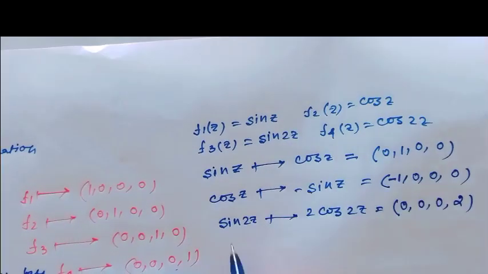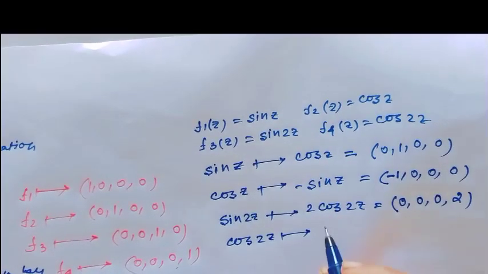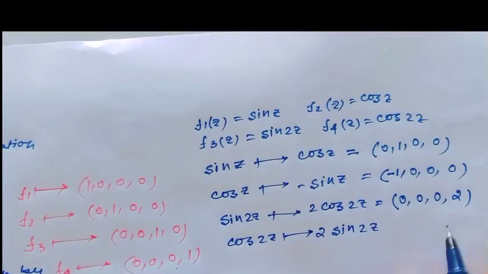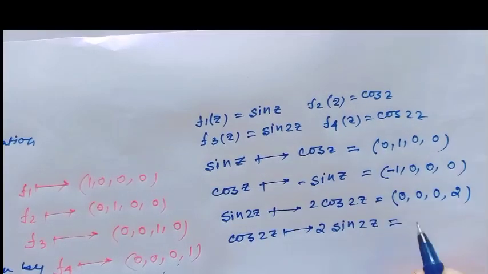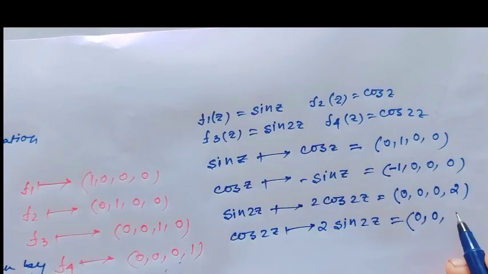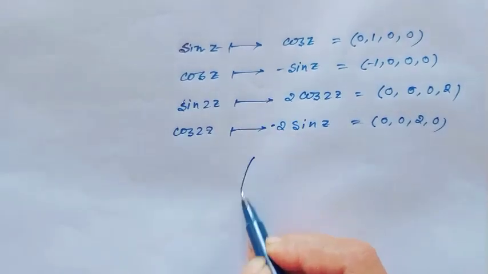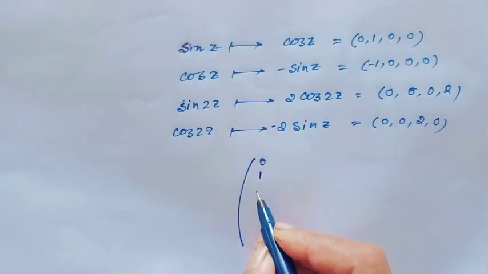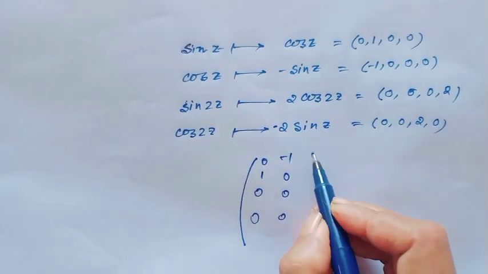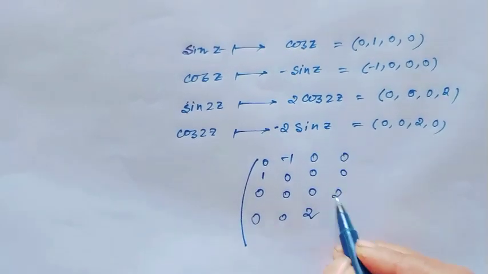And cos 2z, being complex differentiated, gives minus 2 sin 2z, and sin 2z represents f3, that is 0 0 minus 2 0. The matrix representation with respect to this basis would be 0, 1, 0, 0, minus 1, 0, 0, 0, 0, 0, 0, 2, and 0, 0, minus 2, 0.